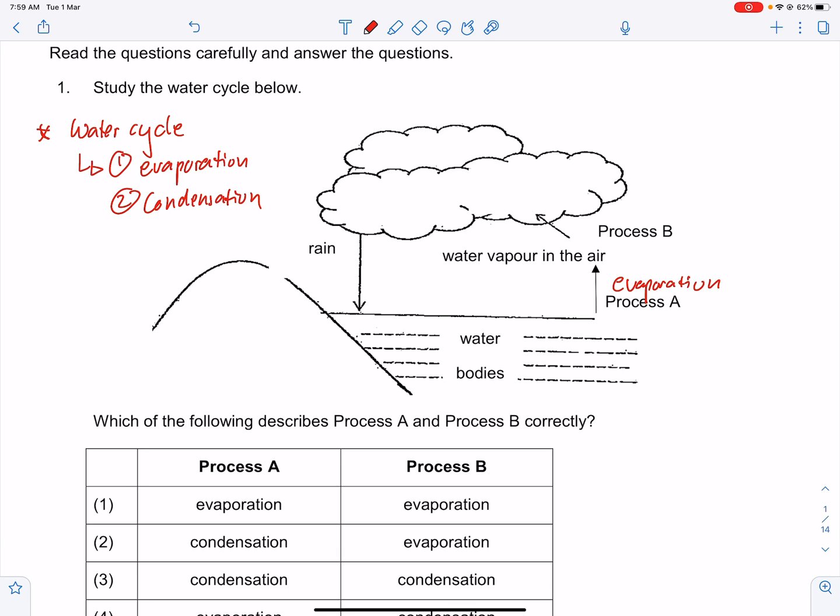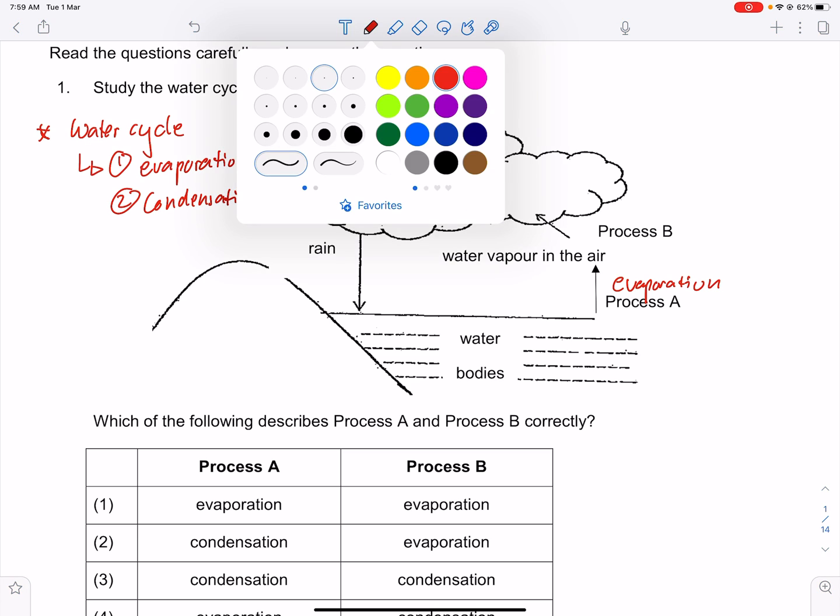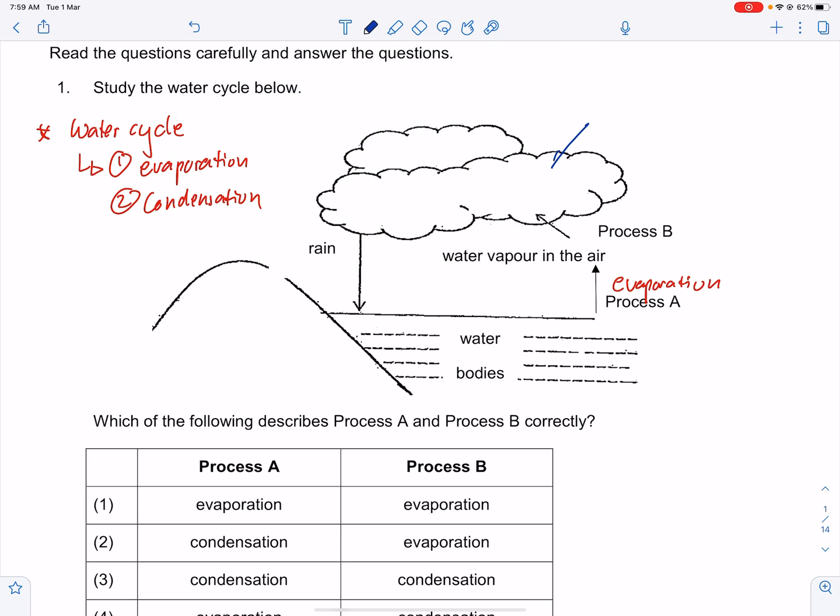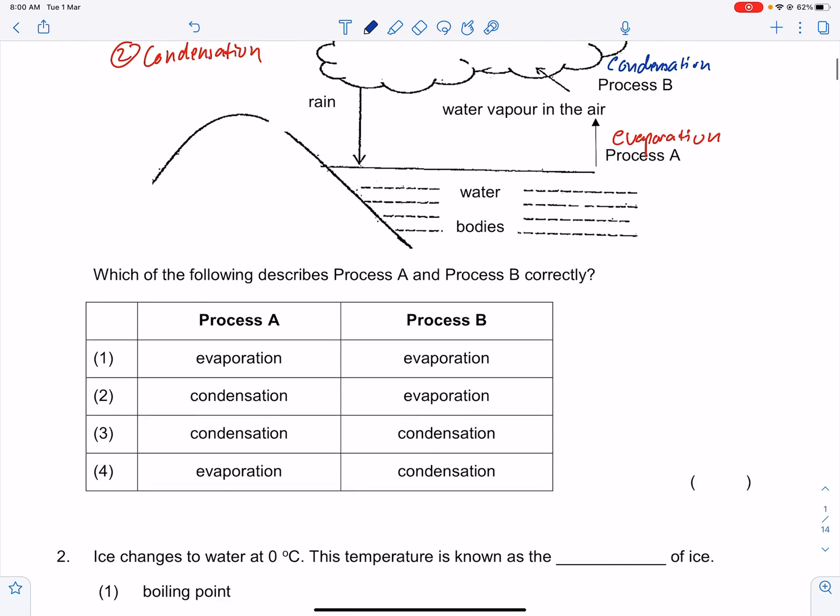And then over here, remember that your clouds are actually made of tiny water droplets. So this is actually in a liquid state. So from a gaseous state to a liquid state, process B must be condensation. So with that, we have already identified A and B. Okay, your answer would be number 4.